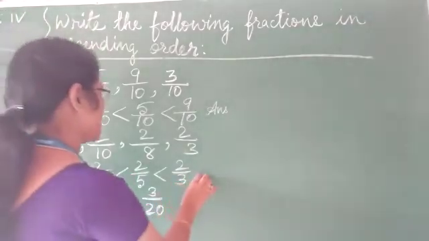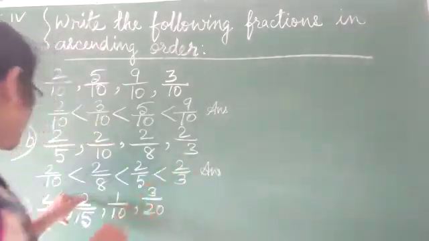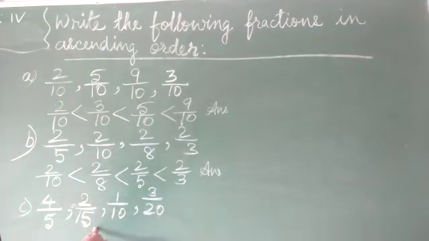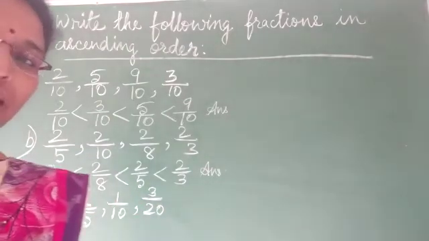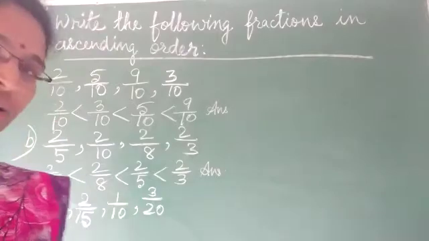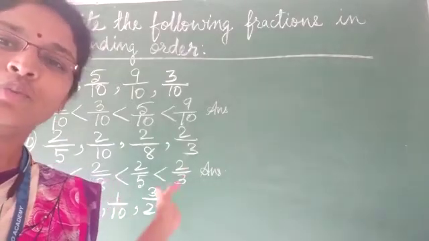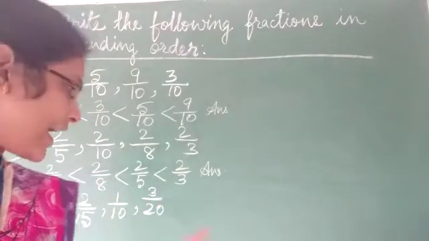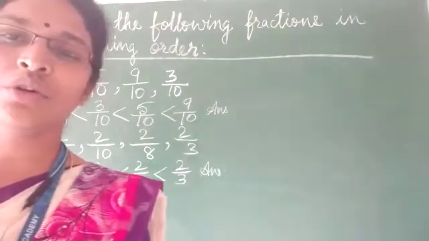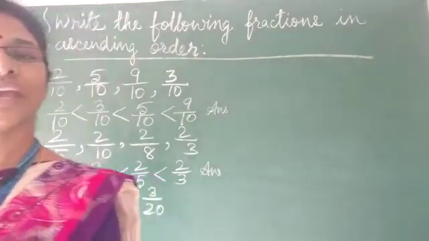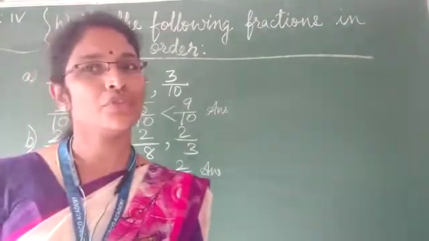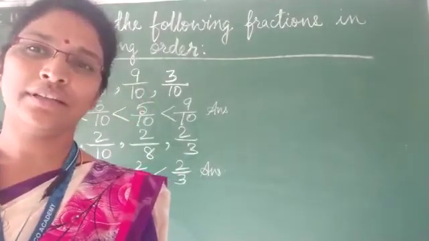The next question: you can see 4 by 5, 2 by 15, 1 by 10 and 3 by 20. Here the numerators are not the same and the denominators are also not the same. How can we solve these kinds of questions? Now we are going to learn that.